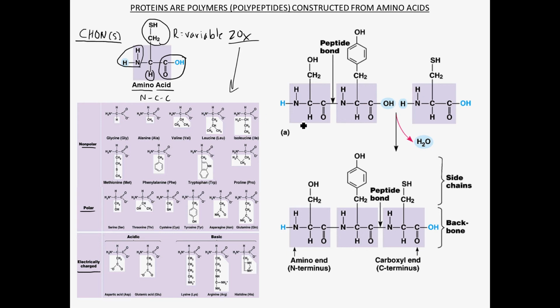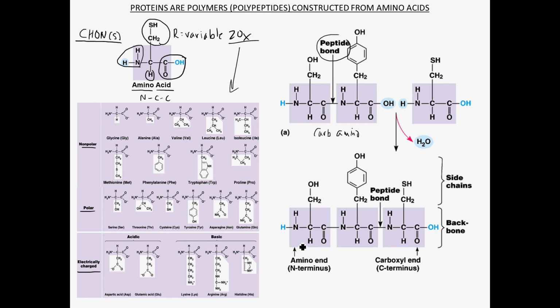So to get a protein, you're going to take these amino acids and string them together. You're going to make peptide bonds between the carboxy end of one amino acid and the amino end of the other. And so you end up stringing these amino acids together to create many peptide bonds, which is where you get the term polypeptide from.